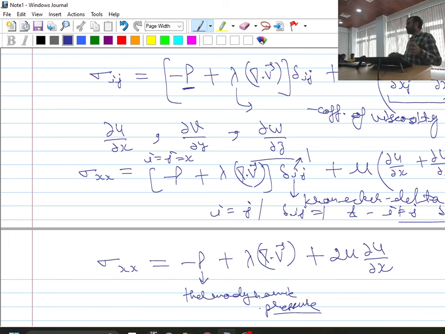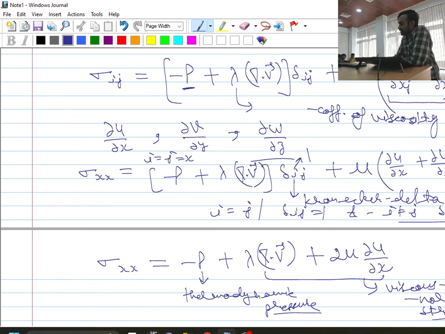Even if the fluid is at rest, the molecules are vibrating and applying a certain pressure on the fluid medium. So this is the contribution of the thermodynamic pressure in our normal stress, and these two terms are coming because of the contribution of the viscous normal stress. Is this point clear now?